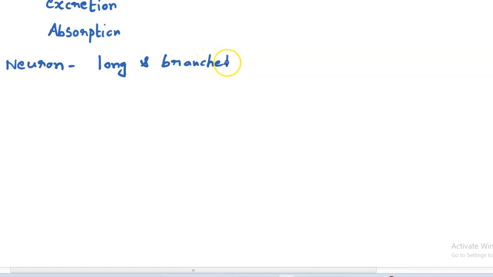The function of a nerve cell or neuron is to transmit electrical impulses throughout the body. For this transmission, it requires an unbroken path.